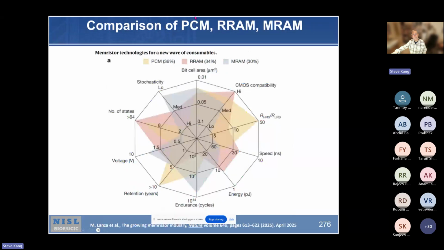We went through this comparison of phase change memory, resistive memory, and magnetic memory, and how they compare in terms of area, CMOS compatibility, ratio between high resistance and low resistance state, speed, right? And then energy consumption, endurance, retention, voltage required, the number of states, and so on, and then stochasticity, randomness.